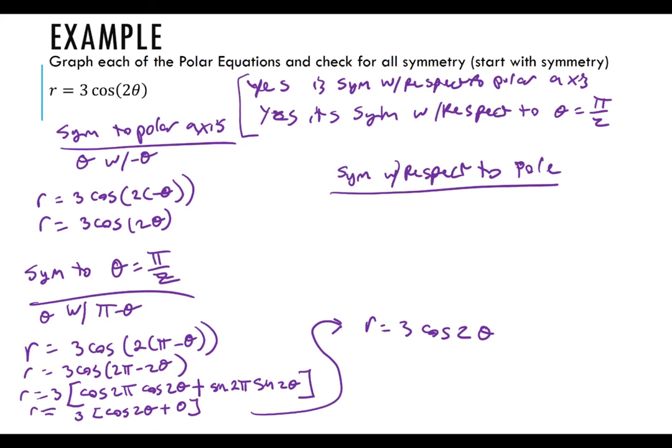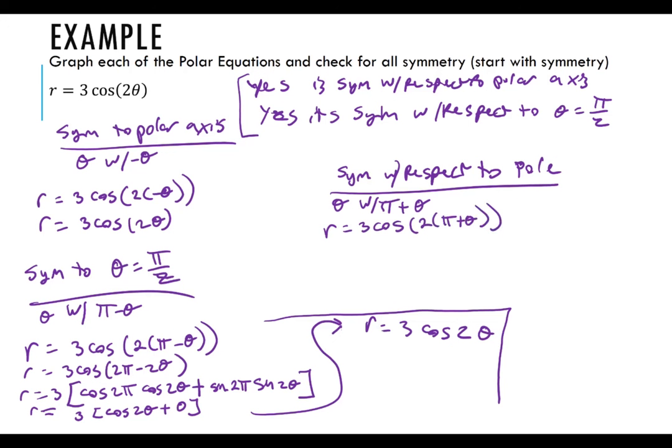And so this time I'm going to replace theta with pi plus theta. That's then going to give me r is equal to 3 cosine of 2 times pi plus theta.